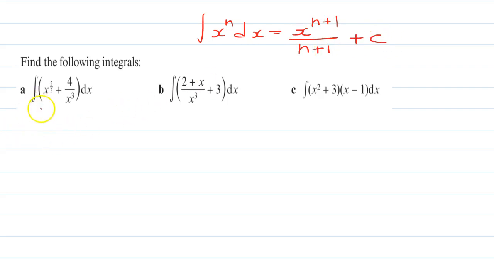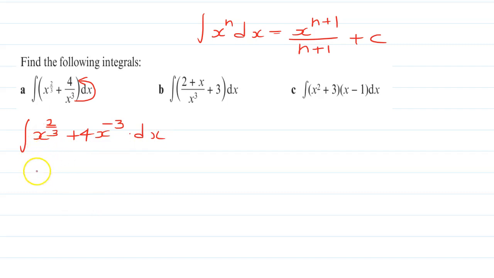So let's see this question. Integration of x to the power 2 over 3 plus 4 over x cubed. This x cubed is going up in the numerator, so it will be 4x to the power minus 3, into dx. Now we need to integrate it.